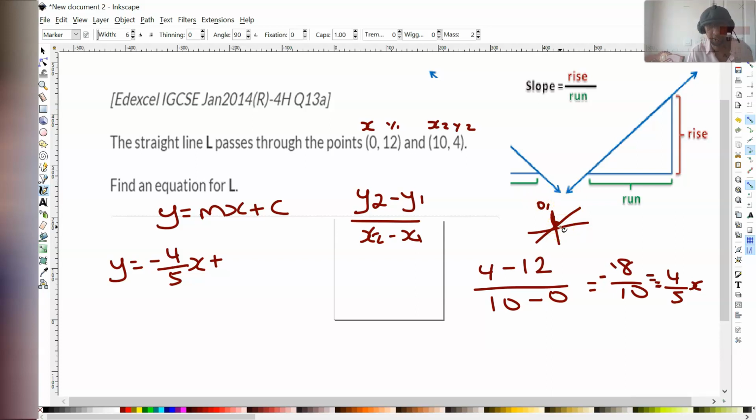Not always, but in this case. So we have 0 there, so we know that this is the y-intercept. If you want to see how we did it, look at the last video. So the y-intercept c is 12.